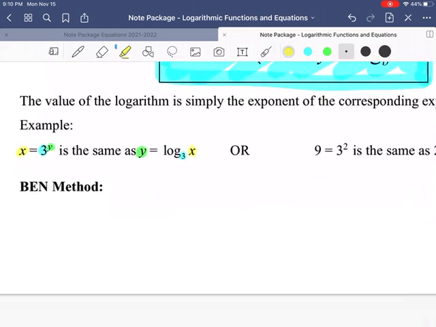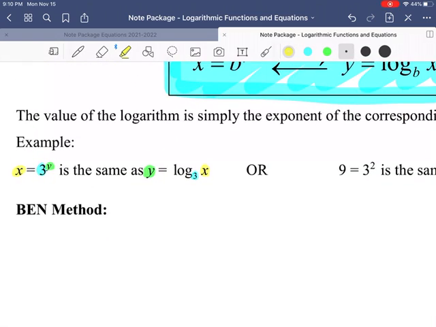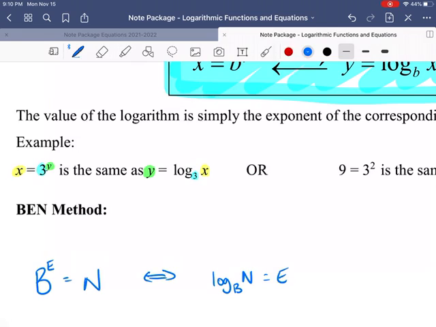Now the bend method. So, get my pen here. The base with the exponent equals the number. That implies that log base b of n equals e. Okay.